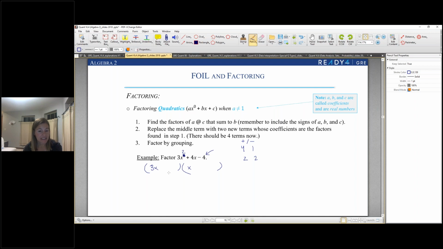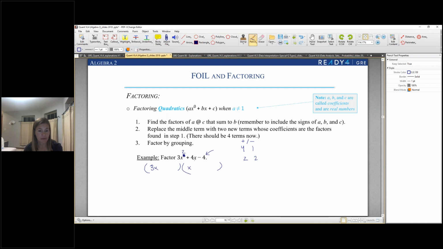But instead of just picking the factors that add up to make 4, we have to take into account this coefficient that's there now. And the way it works is we're going to multiply this number times this number and add this number to make 4.